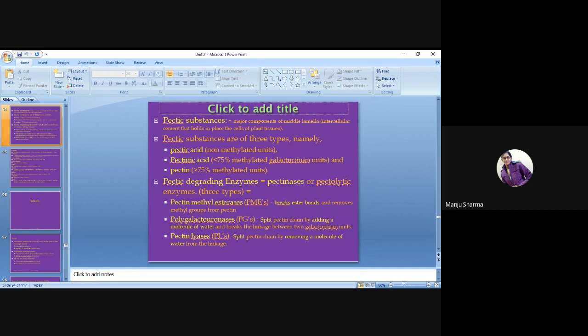Then pectic substances are the major components of the middle lamella, the intercellular cement that holds the cells of plant tissue in place.